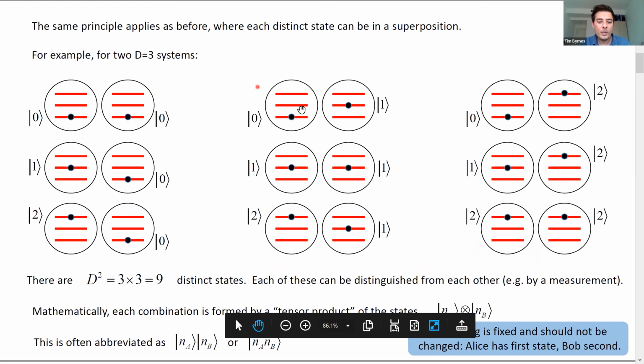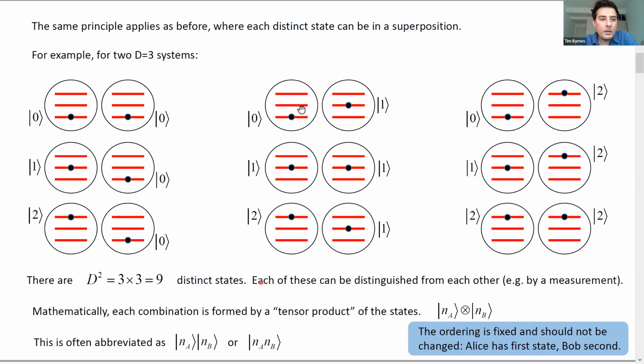So basically what happens when you have more than one system is that you have to count all the possible combinations of the states that the two systems can be in. For example, here we've got a d equals 3 level system. Say the atom here has 3 levels, 1, 2, 3, and there are 2 of them. Alice and Bob each have 1, right?